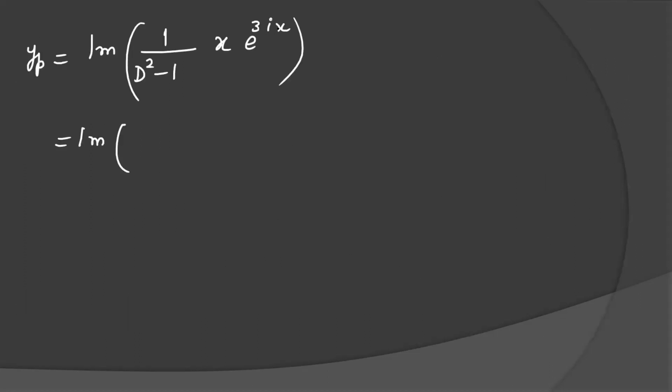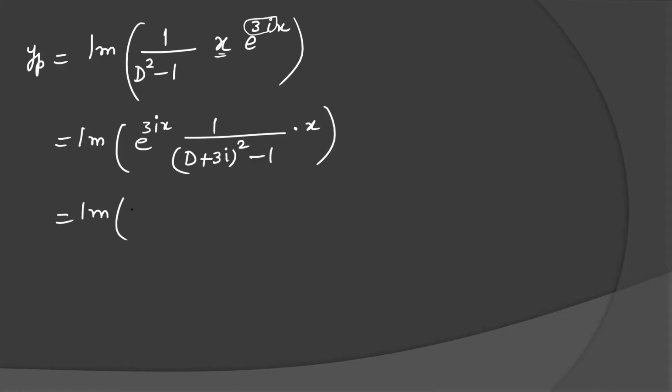What is your a? a is actually 3i. And what is your x? x is the function of x here. So we will take e to the power 3ix outside, and D will be replaced by D plus a, and a is 3i, so D plus 3i whole square minus 1 into x.